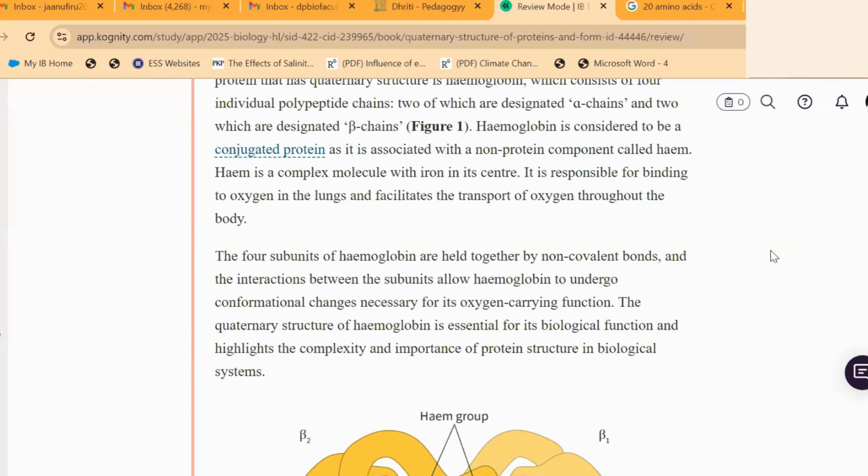In that case, we say that hemoglobin is made up of 4 individual polypeptide chains, 2 alpha chains and 2 beta chains. You also consider it a conjugated protein because it has a non-protein component, which is a heme that has affinity towards oxygen. And heme is nothing but iron. I think you know that. So iron is present in the center.